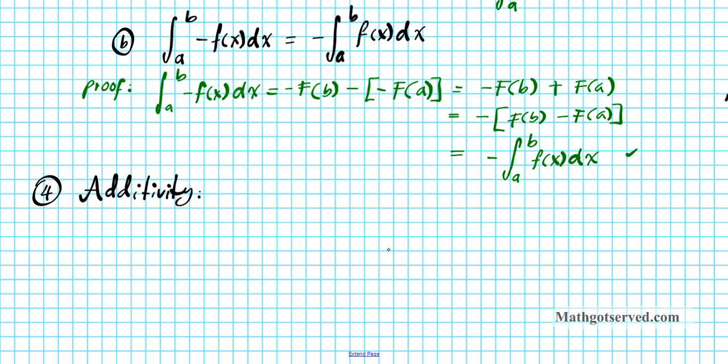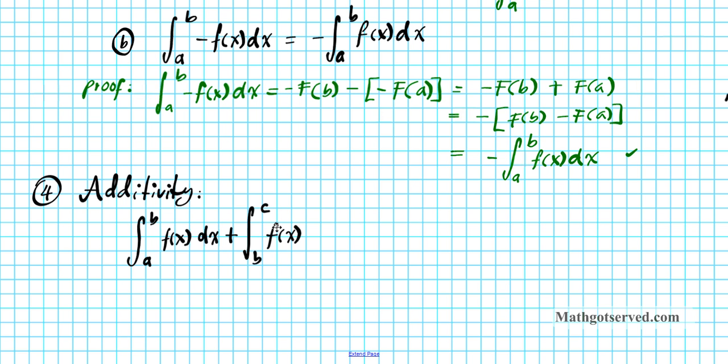All right, so the additivity rule is as follows. It says that we have two definite integrals with a special kind of boundary. So let's say we have the integral from a to b of f of x dx plus a definite integral starting from the upper limit of the first integral, b, ending up at another value c.